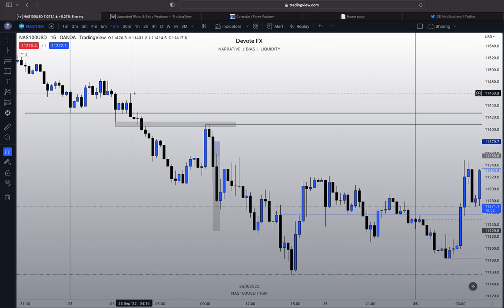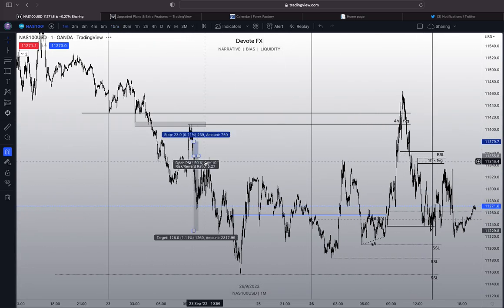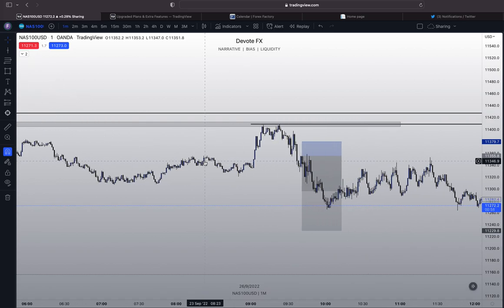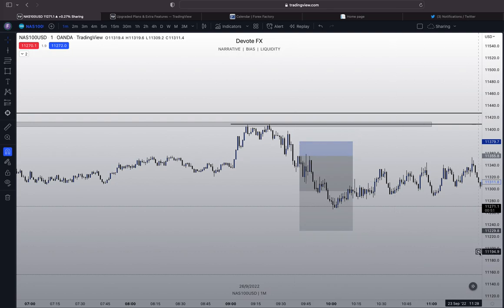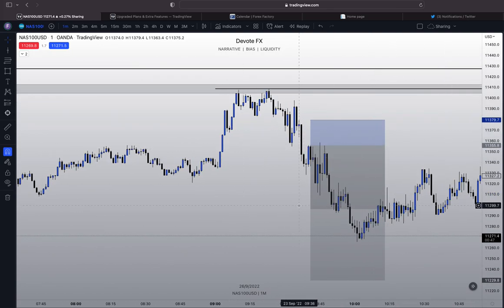Let's zoom in a little further and find my entry inside the open. So here we have the morning price action coming into 9:30. Right here is the open, this candle.